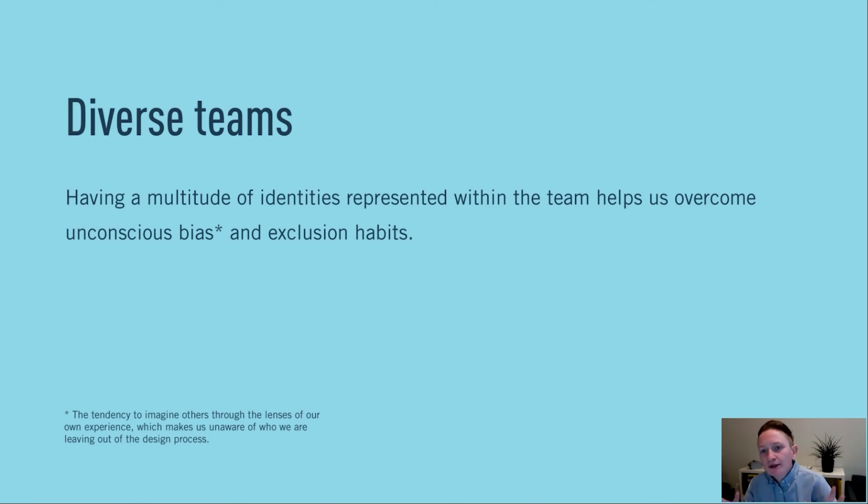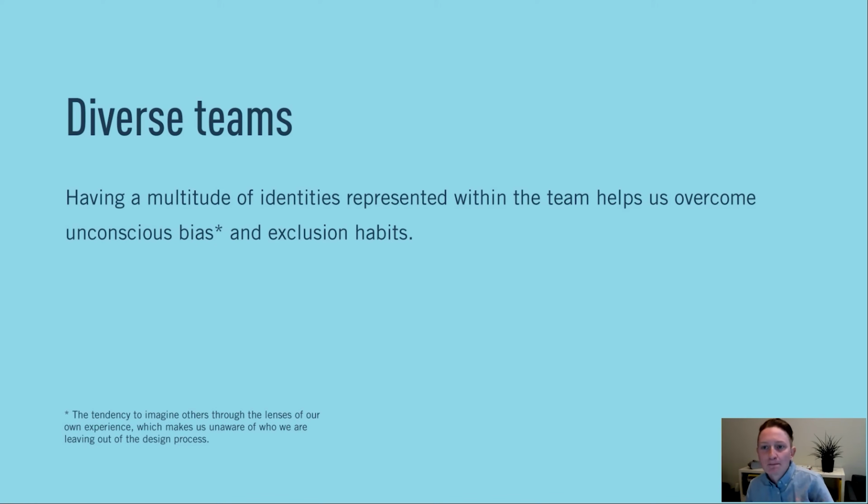And having the right team is extremely important, because if you have, let's say, a quite broad set of identities embedded in those teams, then you have an advantage when it comes to spotting each other's bias and exclusion habits. And bias is basically just a tendency that we all have as humans to read the world around us based on the lenses of our own experiences.